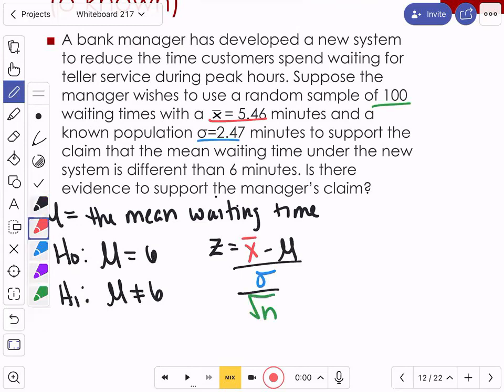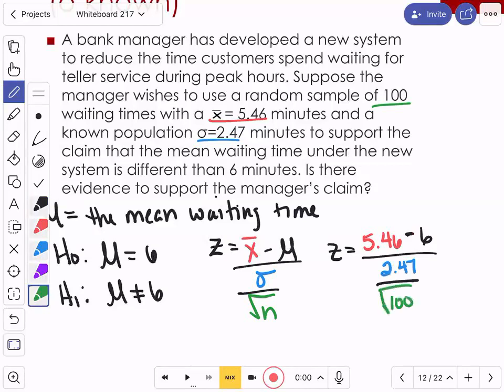When I plug all this in, I get my Z value. Z is equal to my sample mean, 5.46, minus my hypothesized population mean, which is 6, divided by the standard deviation of the population, 2.47, over the square root of my sample size, which is 100.